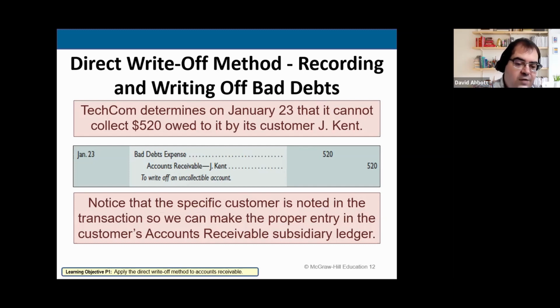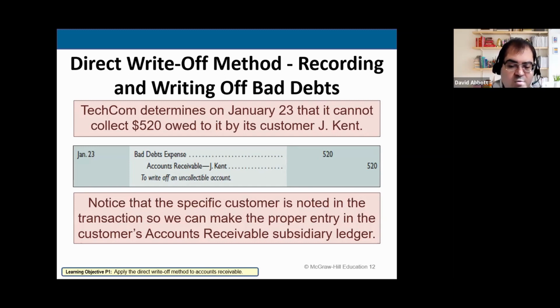So we see here, if TechCom determines on January 23rd that it cannot collect $520 owed to it by its customer J. Kent, it records the loss using the direct write-off method as shown on this slide. The debit for this entry charges the uncollectible amount directly to the current period's bad debts expense account.